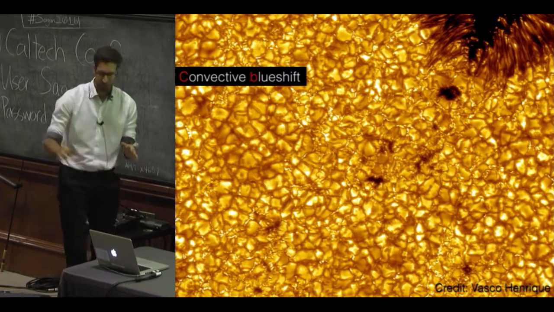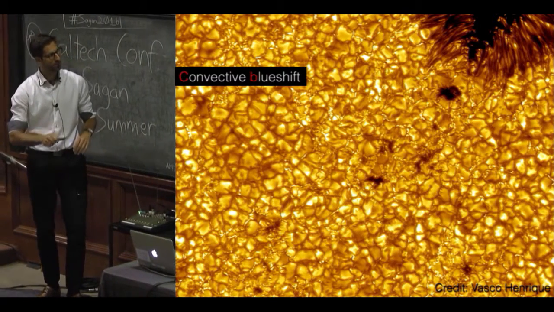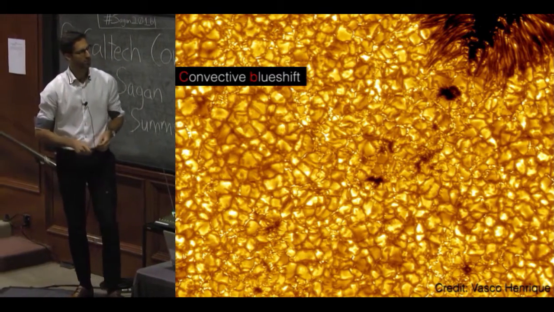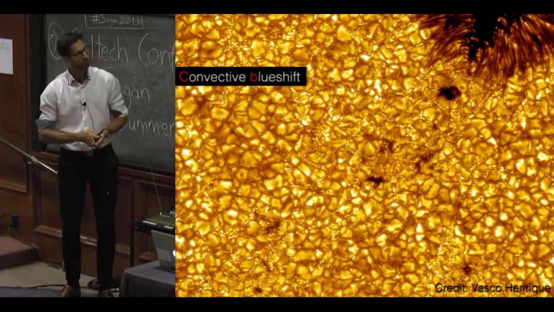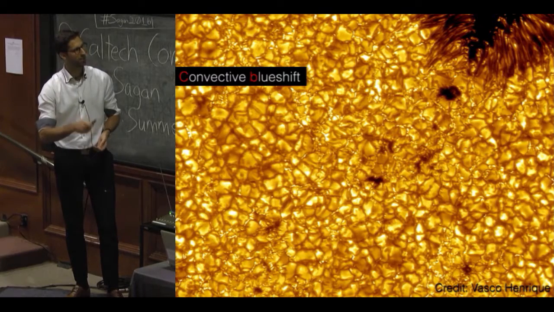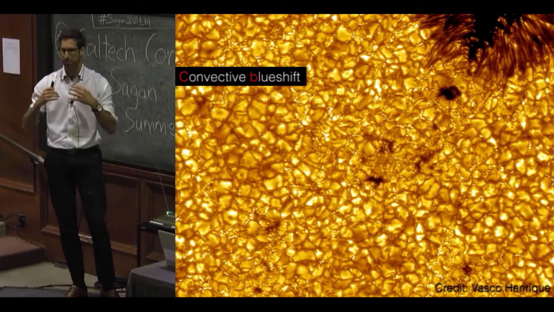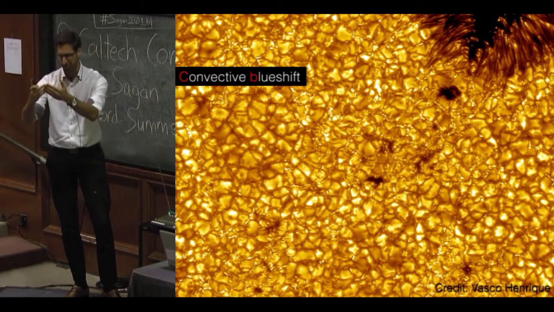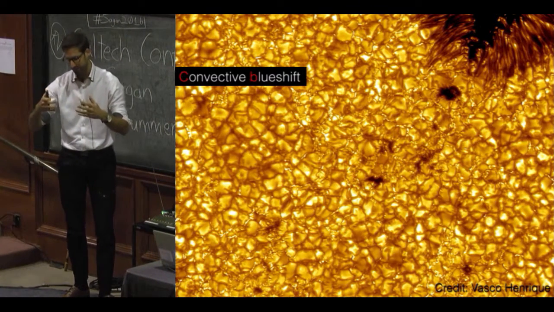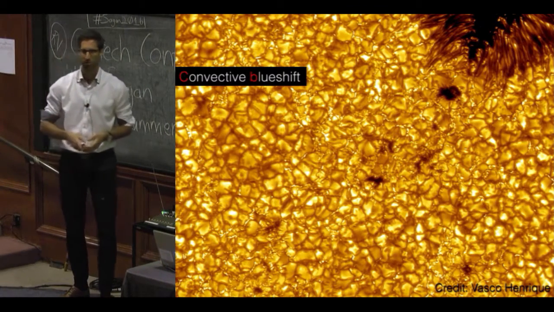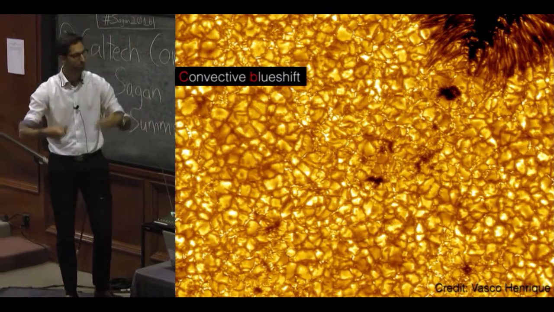And then I just repeat this because I think it's important, this thing about the convective blue shift. So in this image, you see all the cells due to the convection of the star. And because you are sensitive to the flux, so to the brightness of those cells, what you see when you measure in radial velocity this part of the sun is only the bright cells. So only the cells that are coming towards you, towards the surface of the star. And because the velocity of the convection is 300 to 400 meters per second, you see that all the surface of the star is blue shifted by this amount.